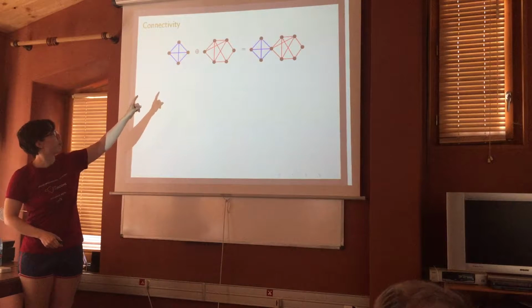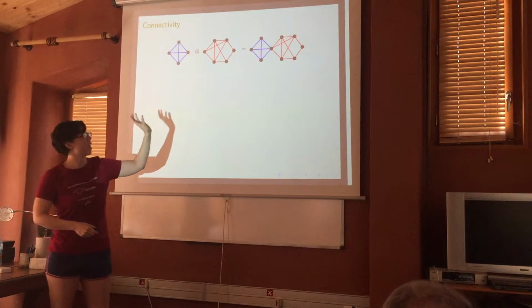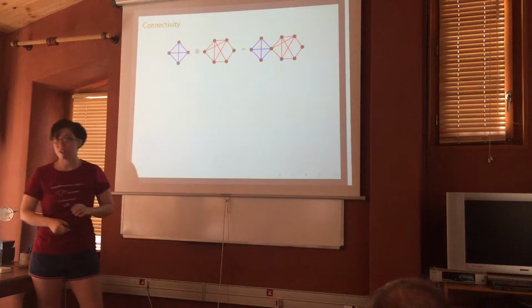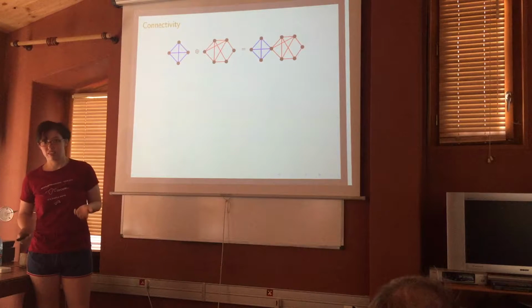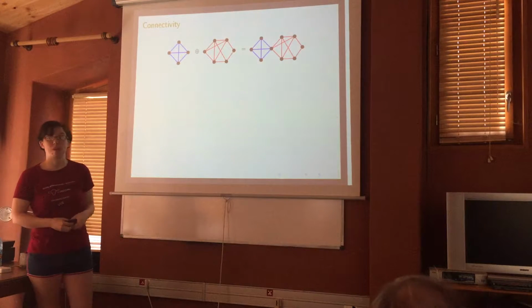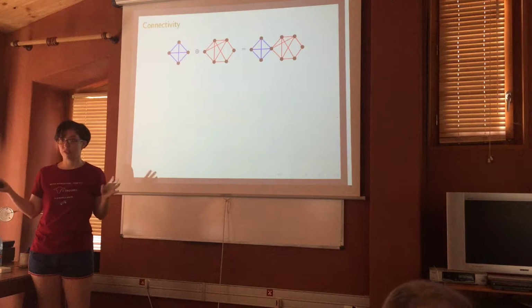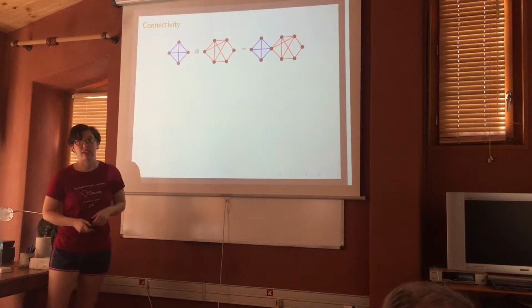You have a vertex in the blue graph and a vertex in the red graph, and you stick them together to get your graph on the right. So the graph on the right is a direct sum, and that's a sign that your graph is not two connected. And when your matroid breaks apart in that way, if you have two separate components that don't overlap at all, then you have a disconnected matroid.